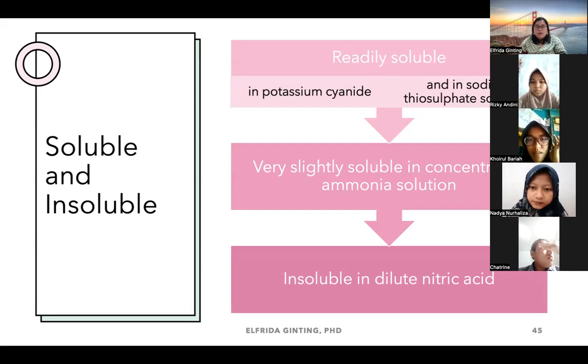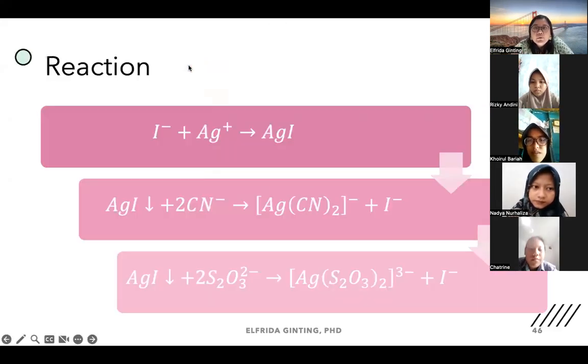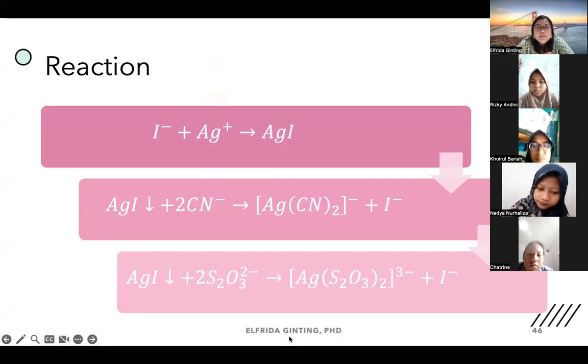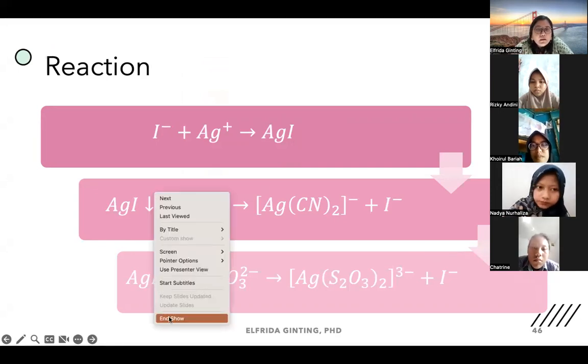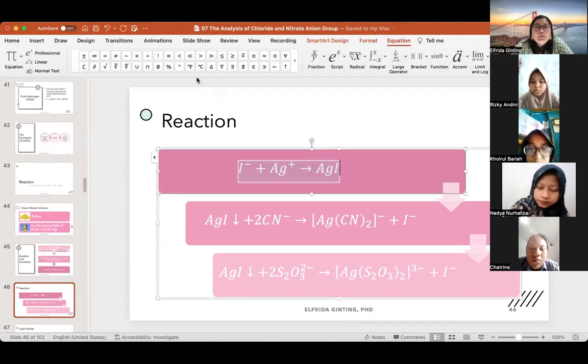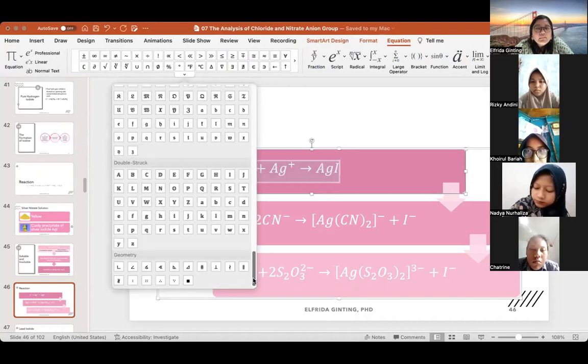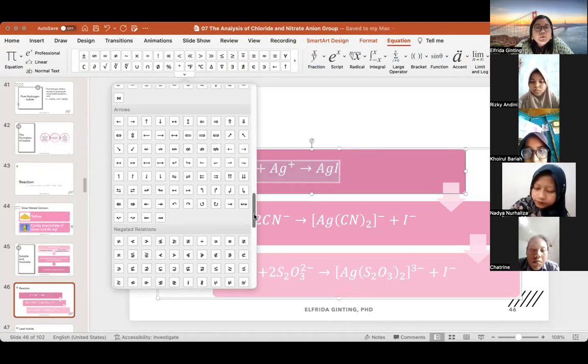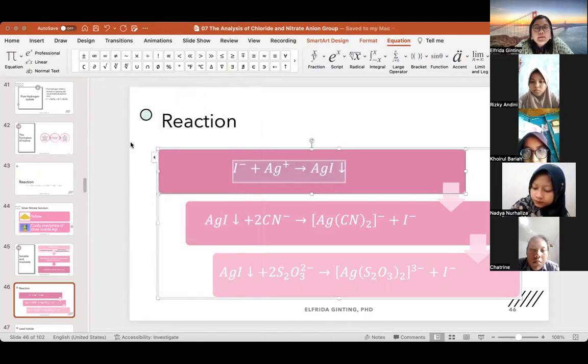Okay. Now, the last one, I'm going to show you the reaction. So this is the reaction, right? We mix iodide with silver nitrate solution. We have a silver iodate that is a precipitate. So I forgot to add, because this is a precipitate, we have to put a down arrow, right?